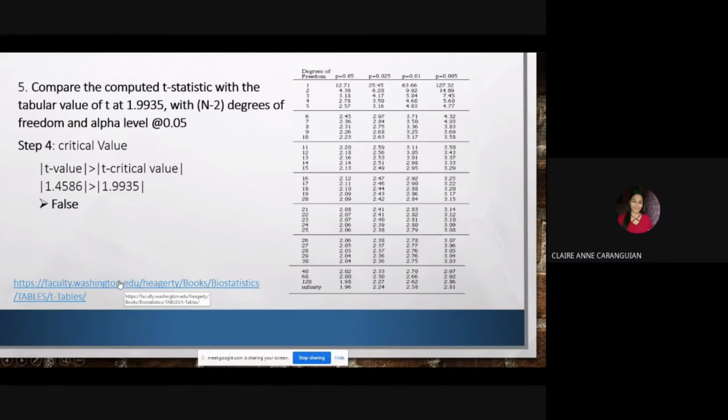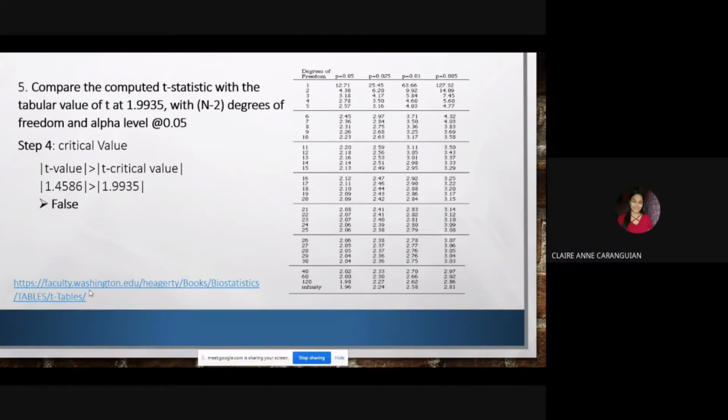Pero since given na yung ating critical value, which is 1.9935, hindi na natin i-click. For confirmation lang, bakit 1.9935? Click mo to. Dito yung patunay. Right? So, ito yung source.